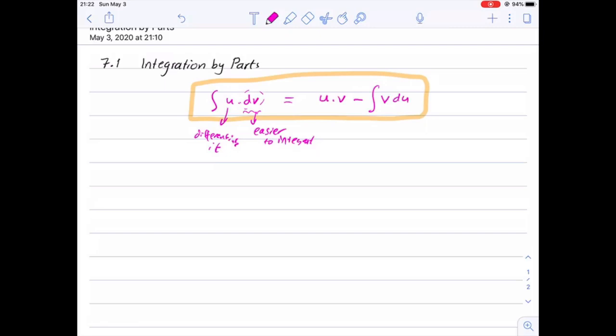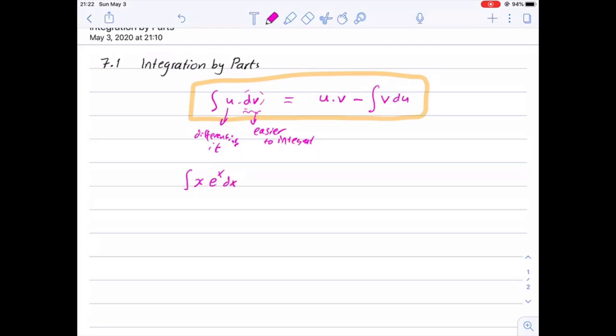So what do we mean by u and dv, and how to choose them? Integration by parts is a technique used to find integrals for some class of functions, and these functions can look like this, for example, x e to the x dx.